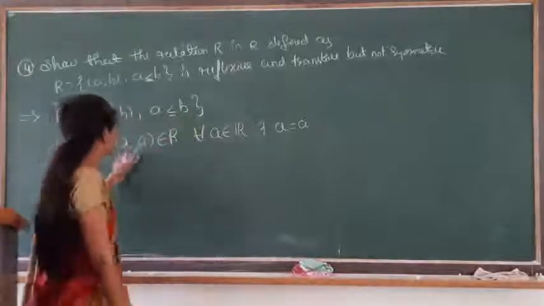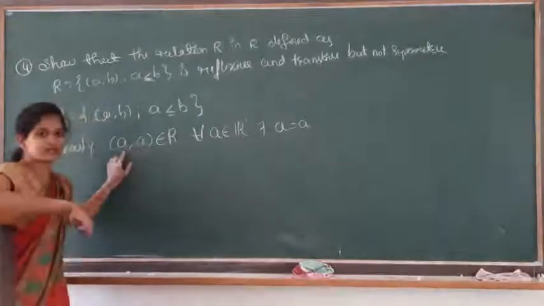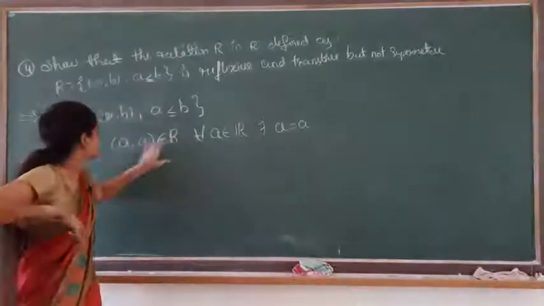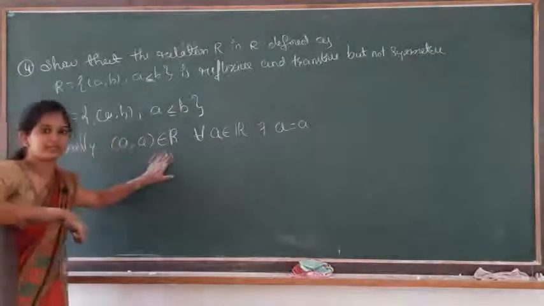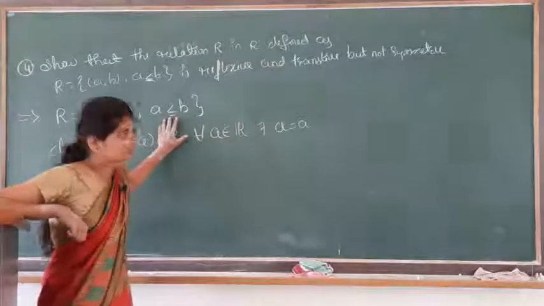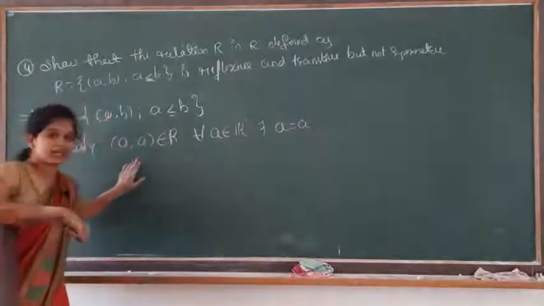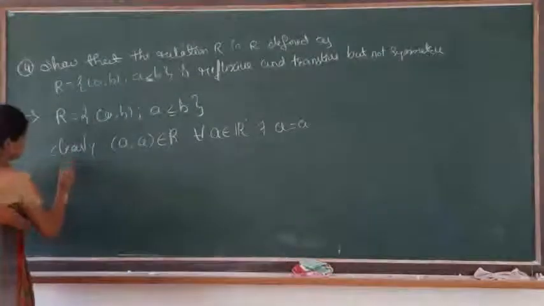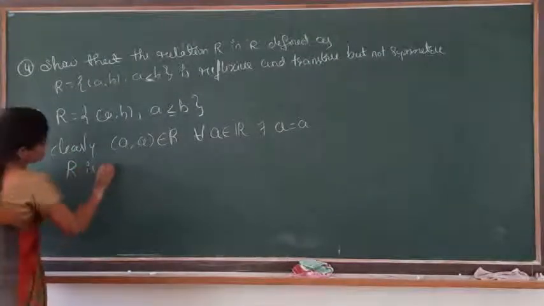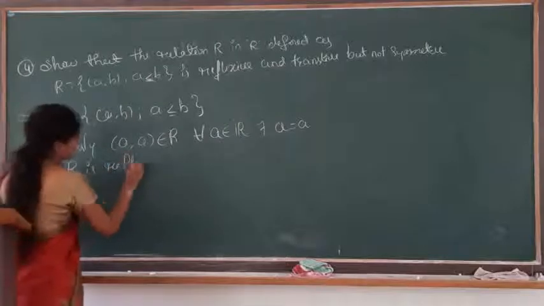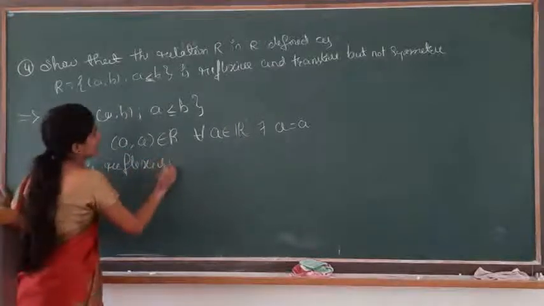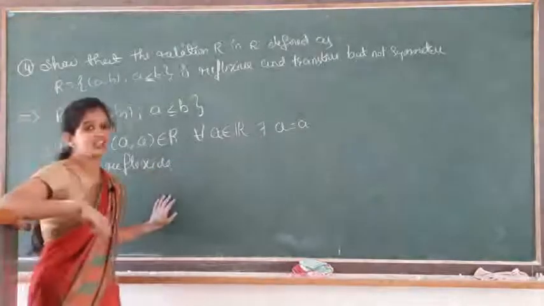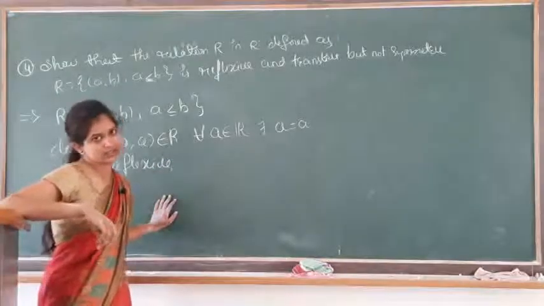Here both elements are the same, which means a = b, so a = a. That's why (a, a) belongs to the given relation. Every element is related to itself. That's why the given relation is reflexive.